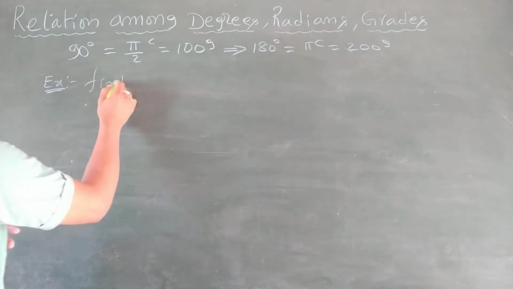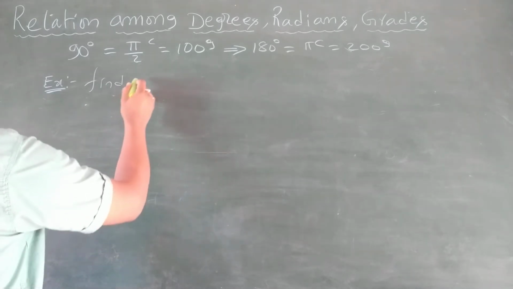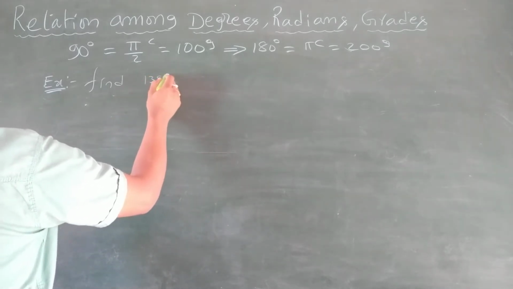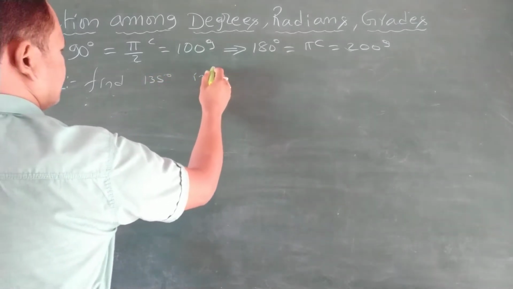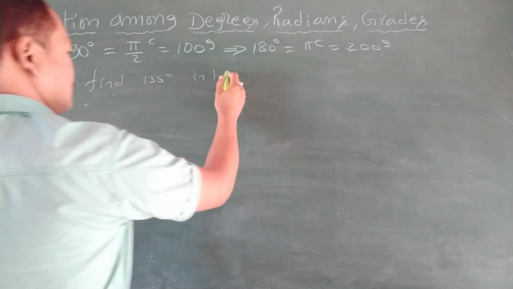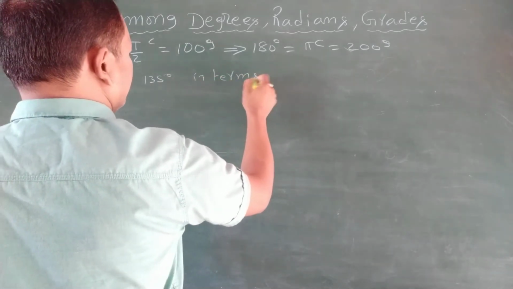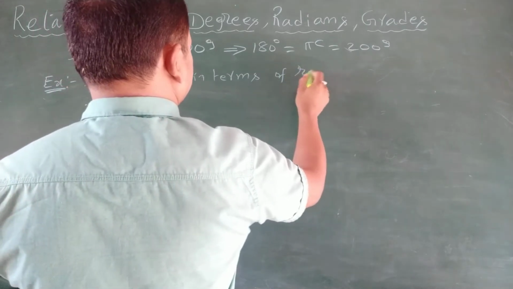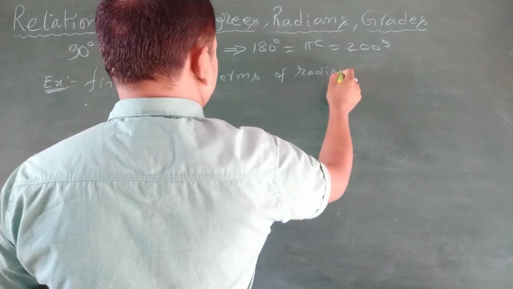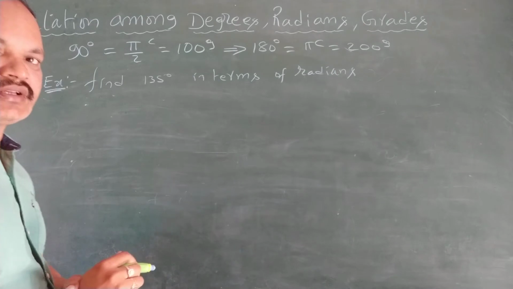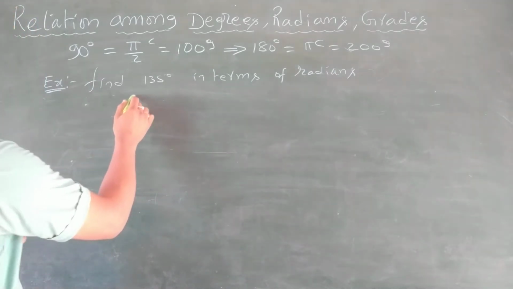Find 135 degrees in terms of radians. So 135 degrees.